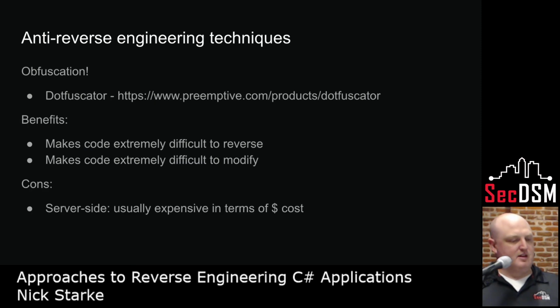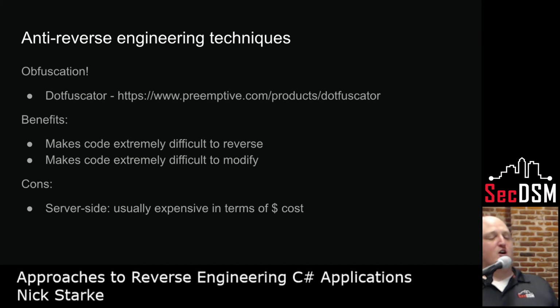The primary thing, though, if you're really looking to deter people not only from making modifications to your assemblies, but also reverse engineering them to come to an understanding of how they work, is obfuscation. Now, the best tool that I have seen for .NET obfuscation is Dotfuscator. There's a link to it, preemptive.com, products, dotfuscator.